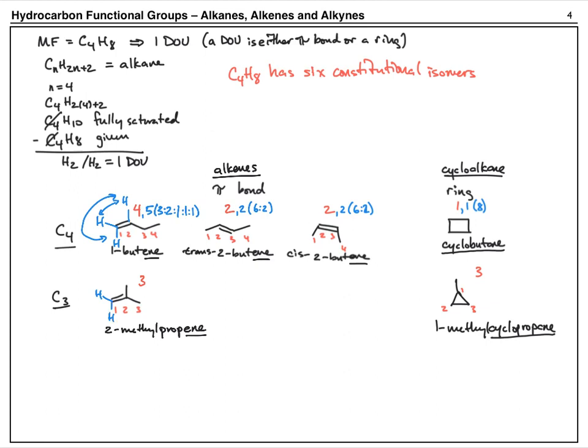Those hydrogens now are actually equivalent. So our ratio here is 2 unique sets, 6 to 2. Then finally for hydrogen, for 1-methylcyclopropane, we're going to have 3 unique sets in a ratio of 4 to 3 to 1.